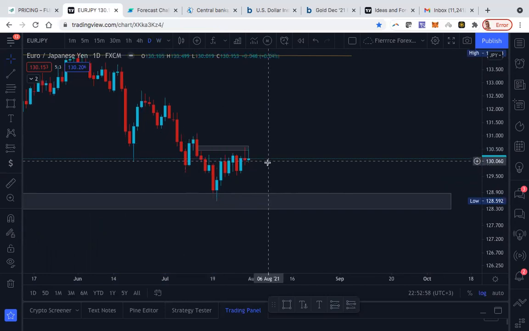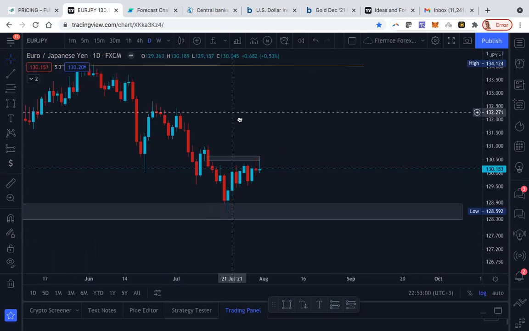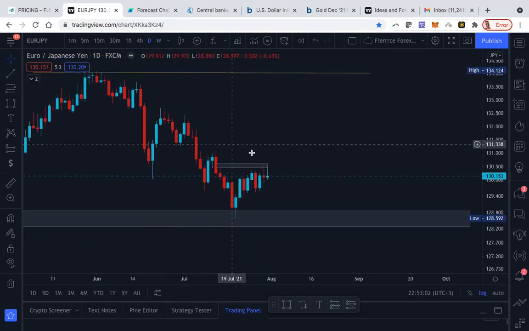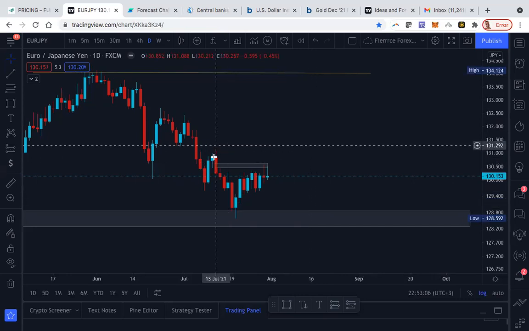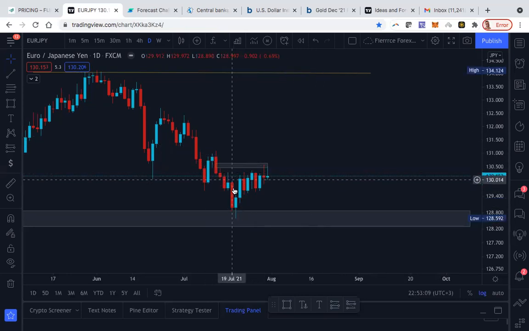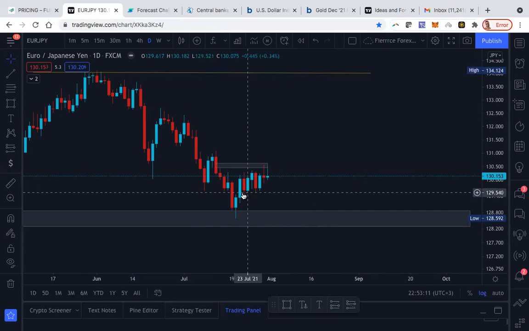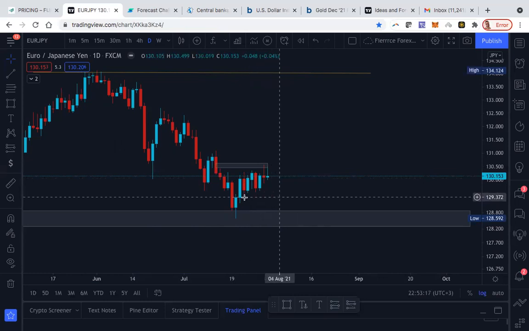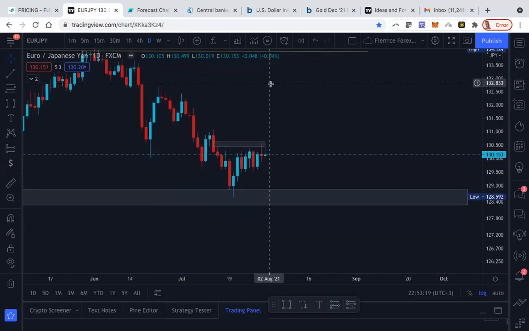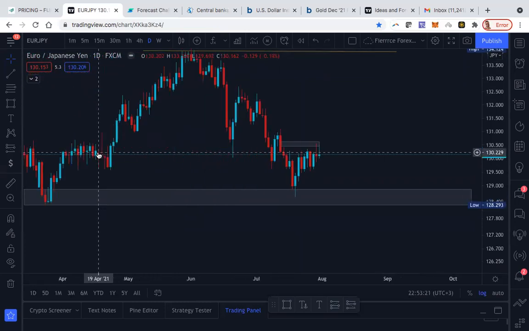I wouldn't be surprised if we pushed higher, but we are definitely pushing lower. Okay, but I feel like we took out some lows here. We now formed some lows here. We may push lower, take out more lows here before we push up. We are in this range as well.